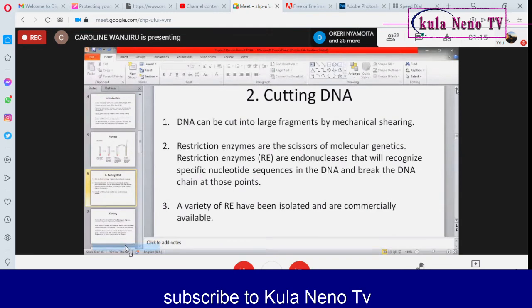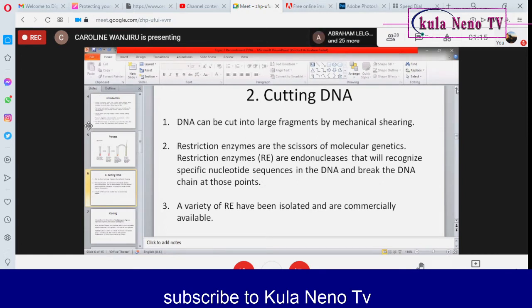How do you cut DNA? DNA can be cut into large fragments by mechanical shearing. To shear is to cut. Restriction enzymes are the scissors, as I said before, of molecular genetics.